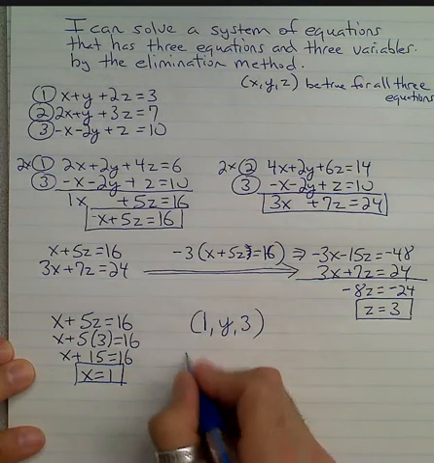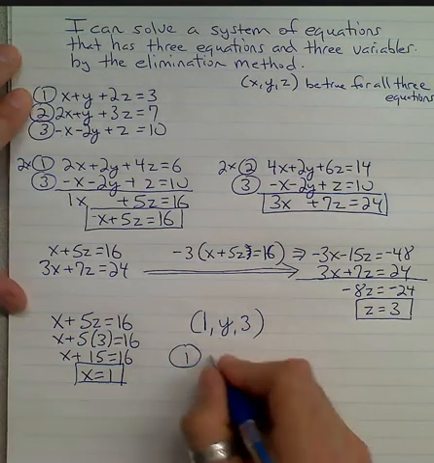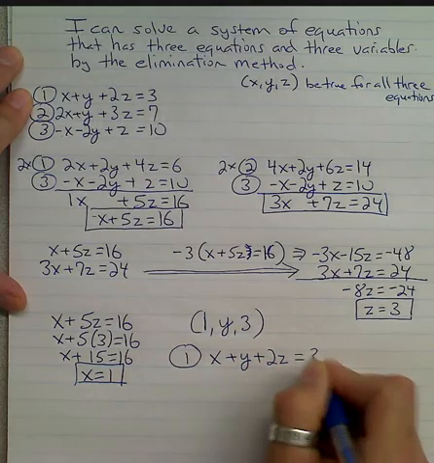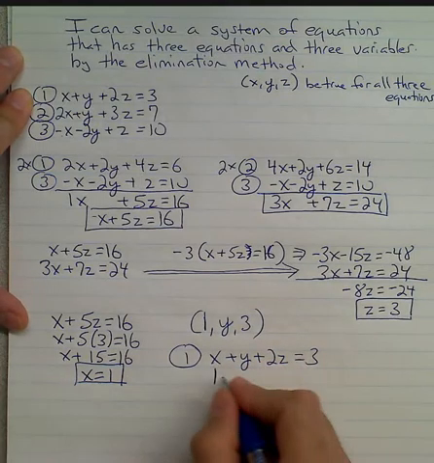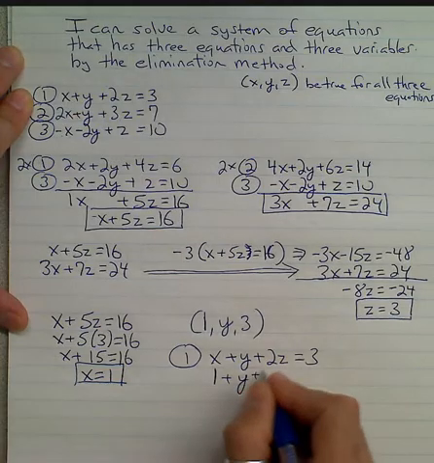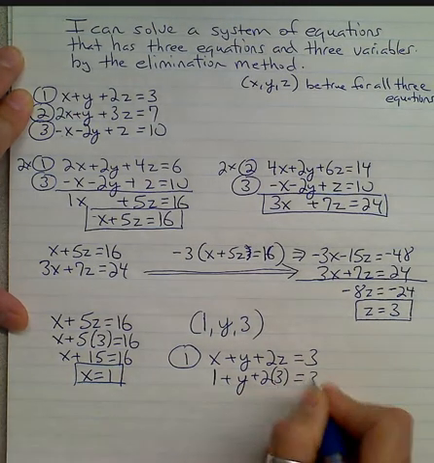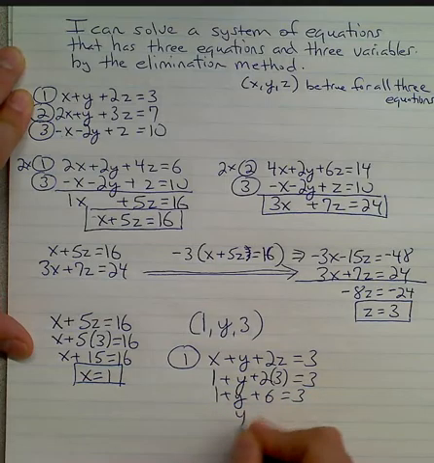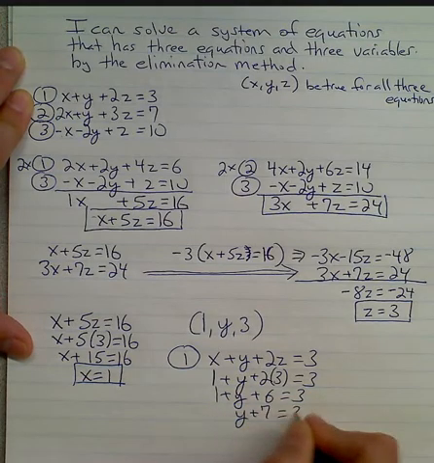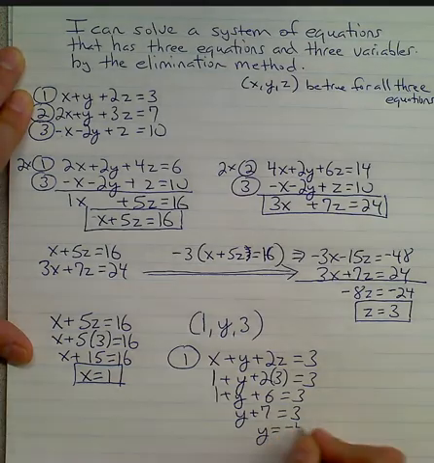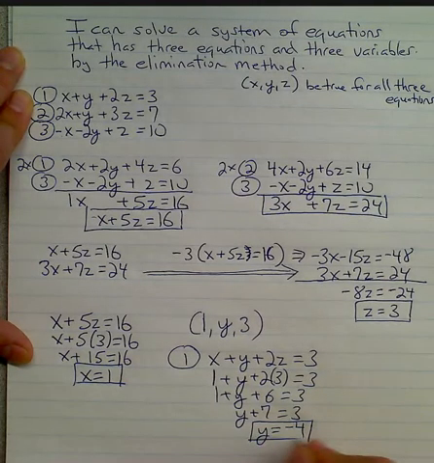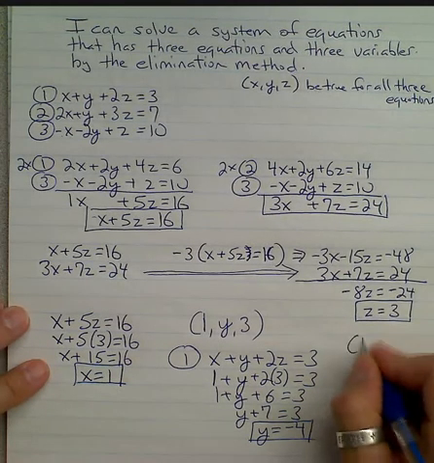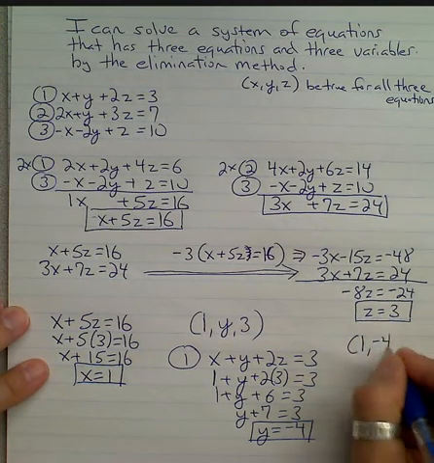So I'm going to take my original number 1 equation and substitute 1 for x, 3 for z, so that now I can find that y equals -4. And I found my point to be (1, -4, 3).